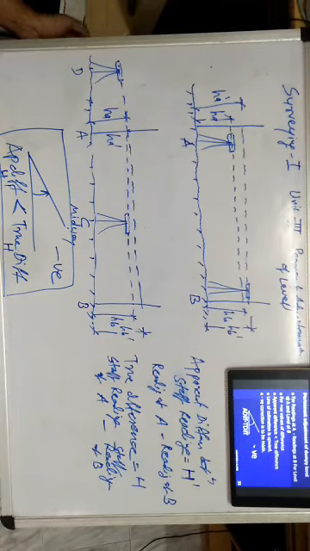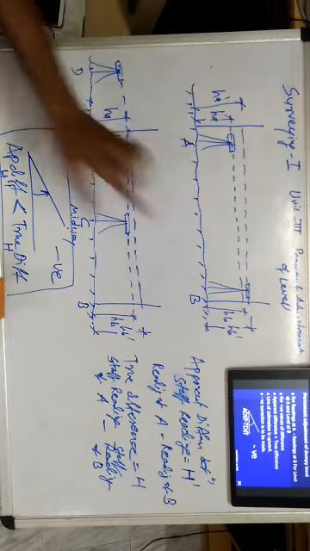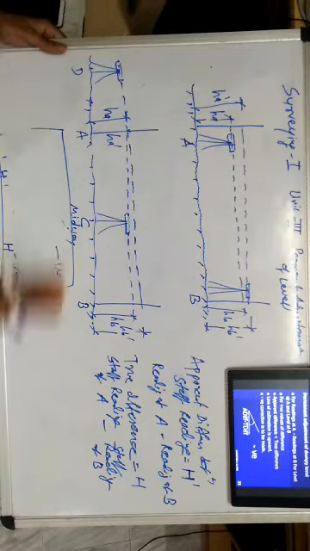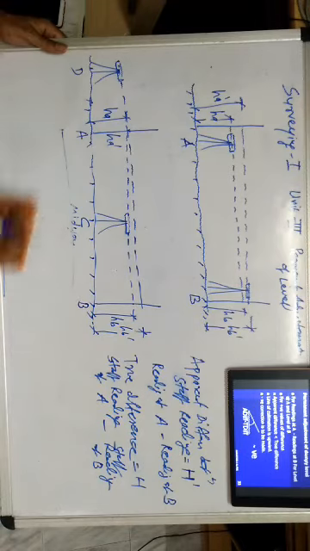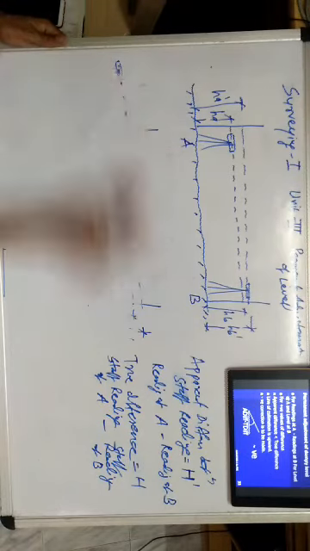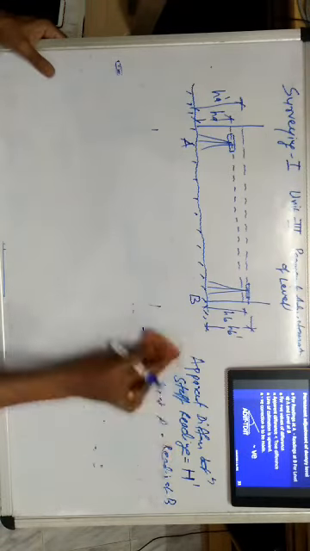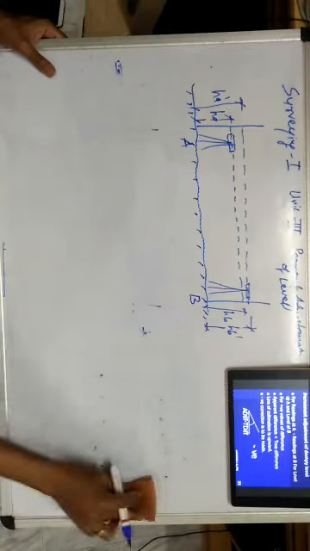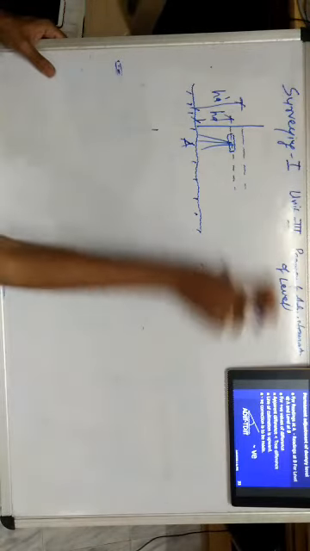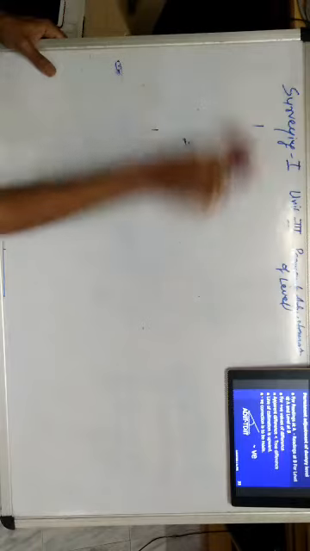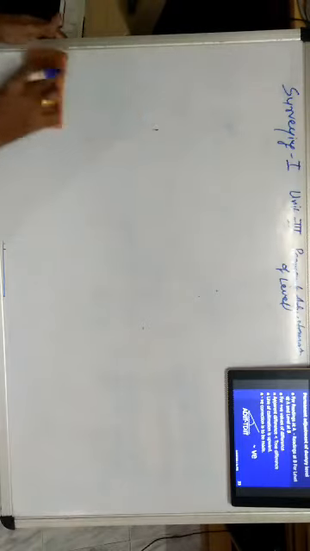So we will take one problem based on this, and then you will understand how exactly the permanent adjustment problem is solved. So here we will go with the first problem given in the presentation, and we will understand how mathematically we can calculate and ascertain whether there is a requirement of permanent adjustment or not.